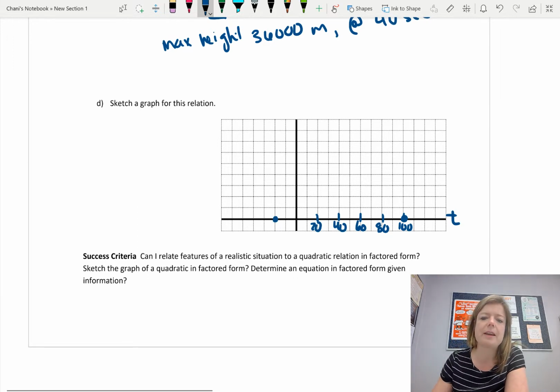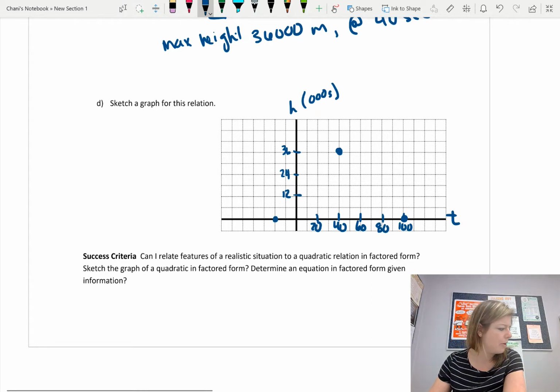So we need to get up to 36,000. So I did my height in 6,000s: 6, 12,000, and then 18, 24, 30, and 36. So this is my height in thousands. Okay, so my maximum occurs at 36,000.